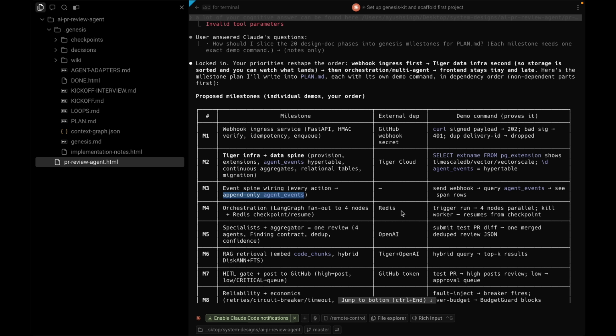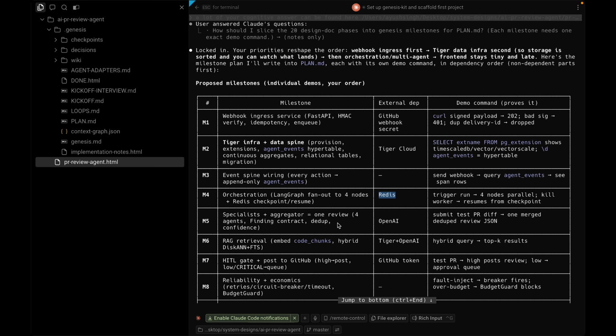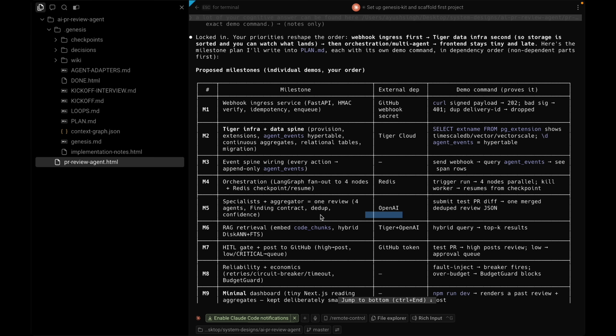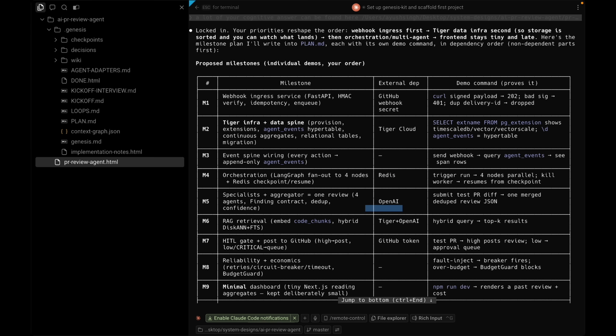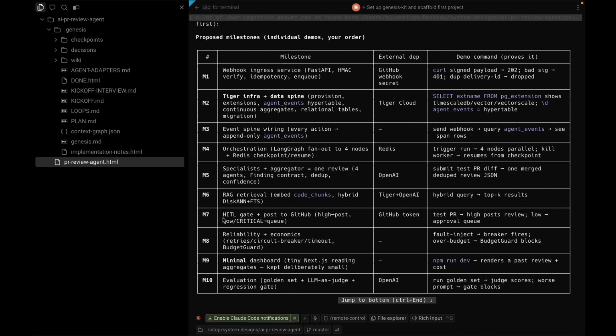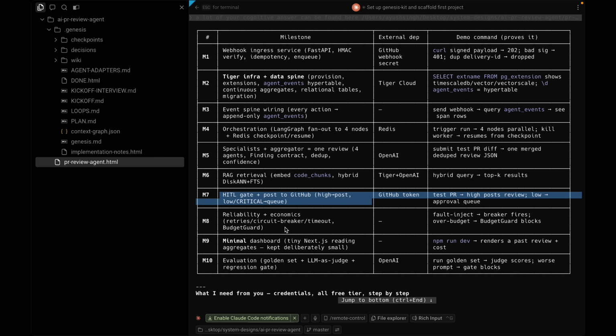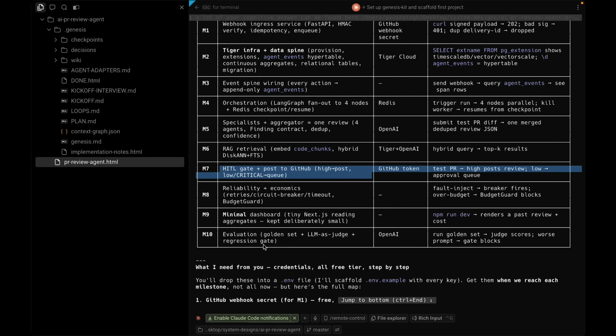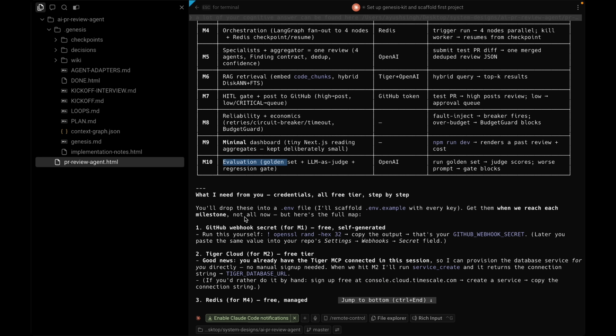And we want to make sure that the external dependency over here is basically taking stuff from Redis itself. Then the specialist, so basically we want OpenAI to be able to do a lot of things, which needs OpenAI keys. The RAG retrieval, basically our Tiger plus OpenAI, where you're retrieving something. Then the HITL gate and post to GitHub, which is the test PR. Then reliability, then a minimal dashboard to see a lot of it, and then the evaluation. So pretty much okay.